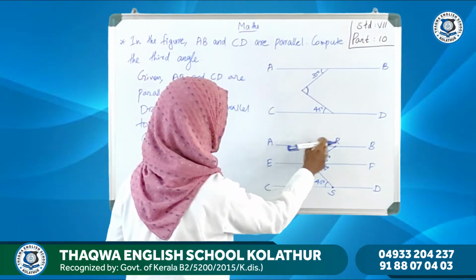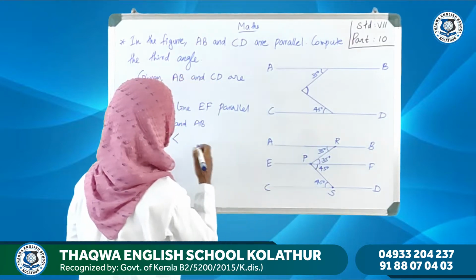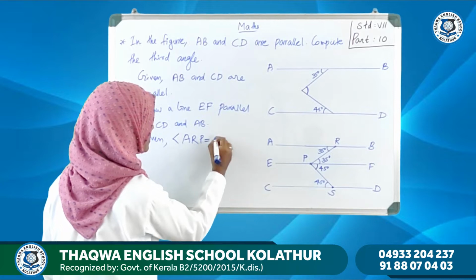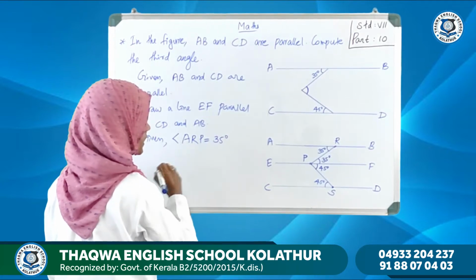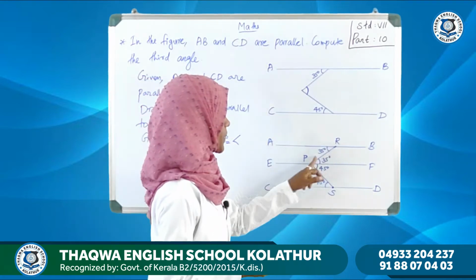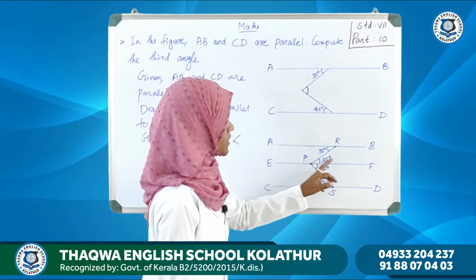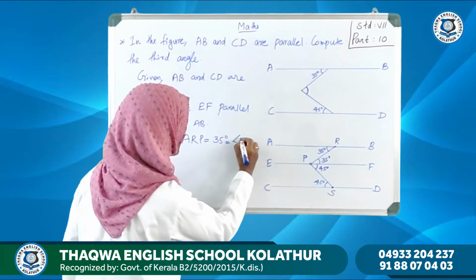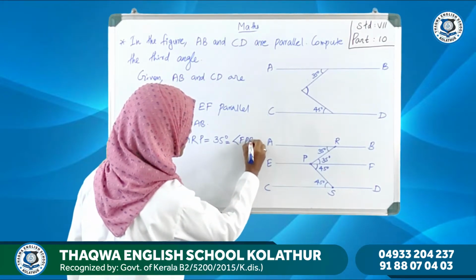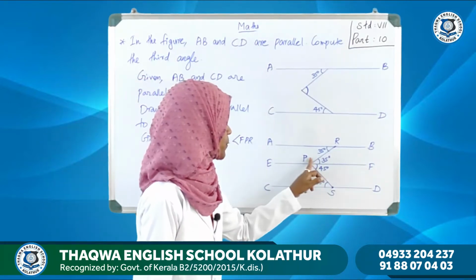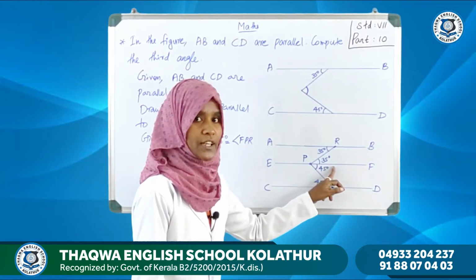Angle ARP is 35 degree. Angle FPR is also 35 degree.